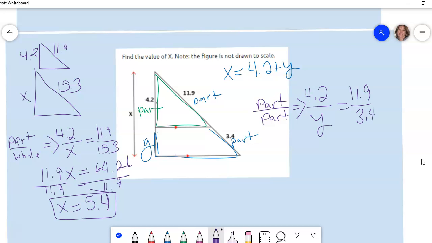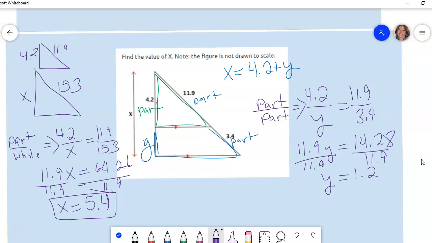Again, cross multiply, so we get 11.9y. And then 4.2 times 3.4 is going to give us 14.28. Again, divide by 11.9. Again, we're cross multiplying and dividing and solving for y. So that now we get 1.2.